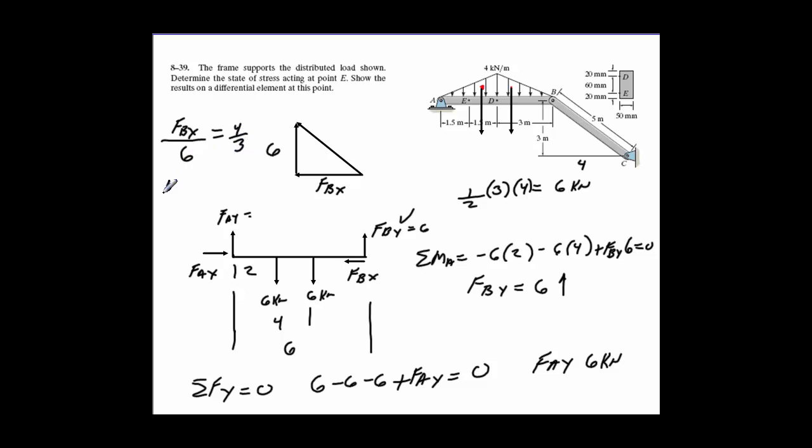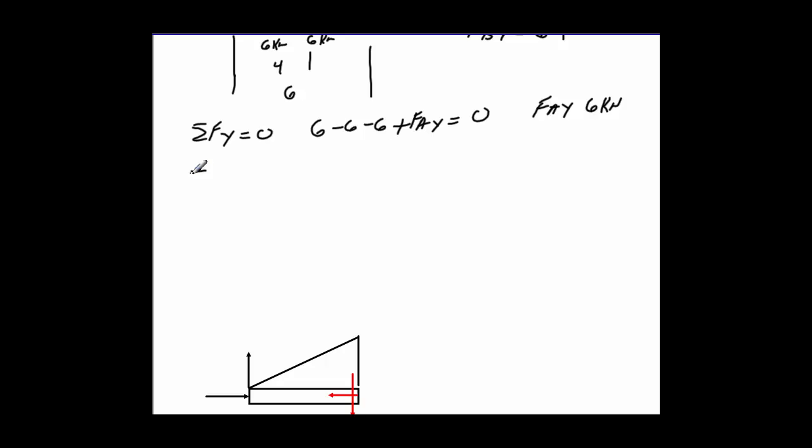We solve for that and we'll get FBX is equal to 8 kilonewtons going to the right. So now all we have to do is sum forces in the x direction. We will get -8 kilonewtons as a result of FBX plus FAX is equal to 0, and you'll find FAX in this case is going to equal 8 kilonewtons going to the right.